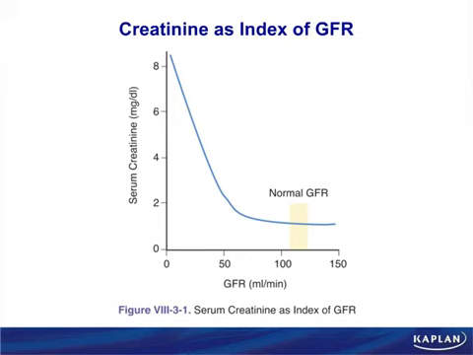So different people with different muscle mass should have different serum creatinine. So you always have to factor in your muscle mass and your skeletal muscle breakdown into the serum creatinine. And it's just not practical to do that. So this is why calculating the creatinine clearance is the best index of GFR, not serum creatinine. This is an important graph to know and understand, and they might just give you this graph on the exam, so make sure you understand this.